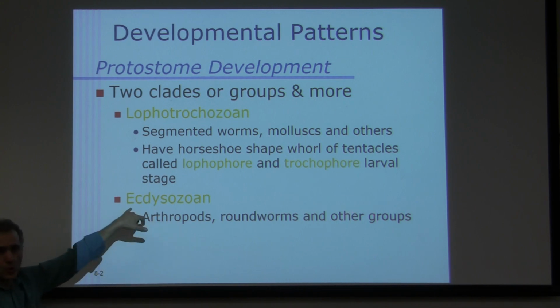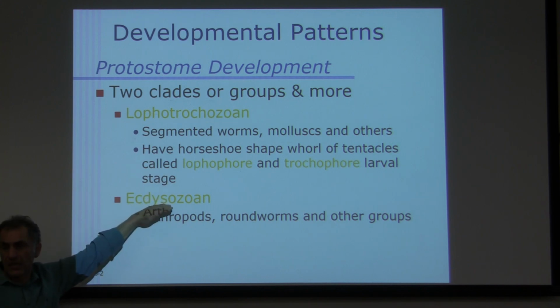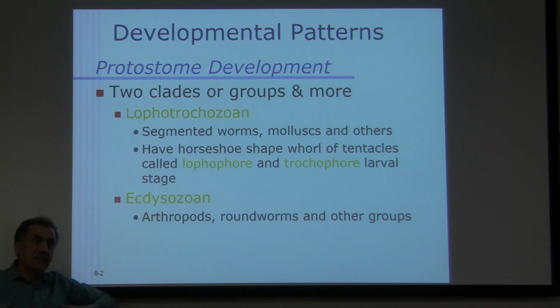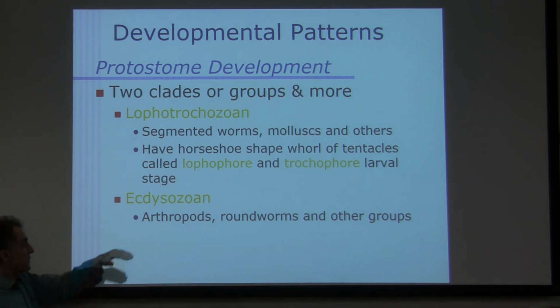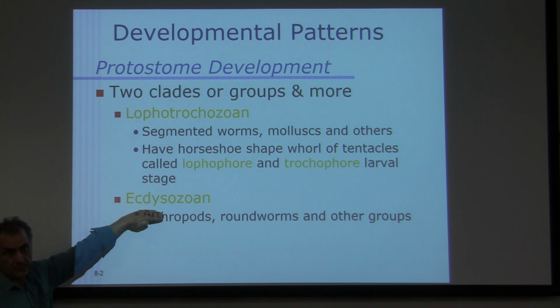Some of you are probably familiar with this term, ecdysis, molting. How many of you have heard of the term molting? Animals that shed their outside layer, they release it, and the new one grows back. That's called ecdysis, molting.